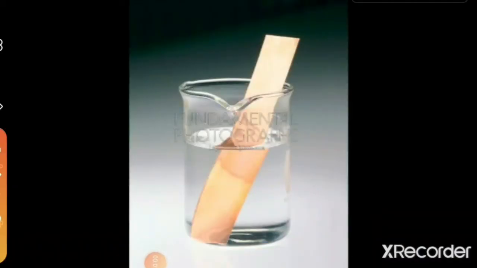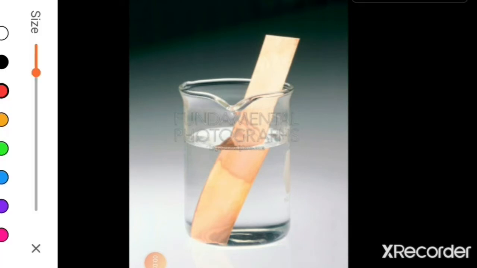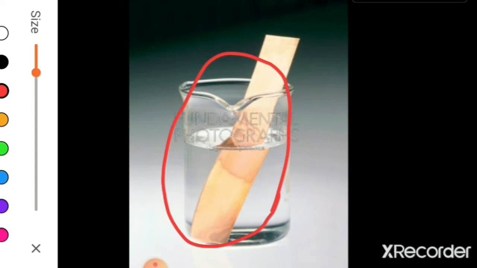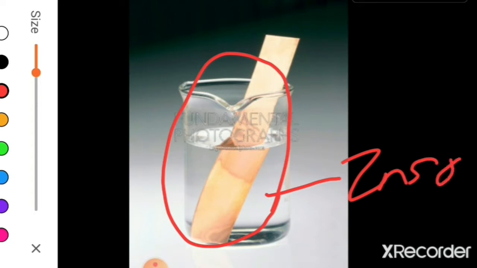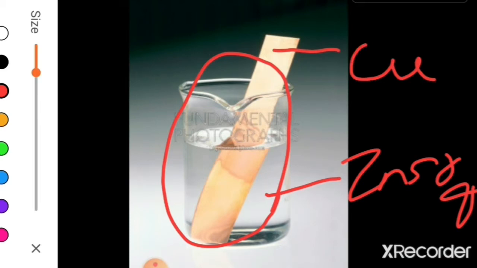If we place copper metal in zinc sulfate solution, we observe no reaction takes place. Here zinc sulfate is colorless solution. This is containing zinc sulfate. It is colorless solution, and we have placed a strip of copper in zinc sulfate solution.